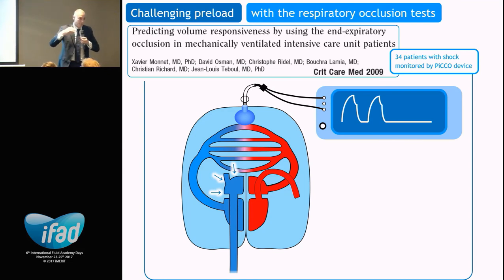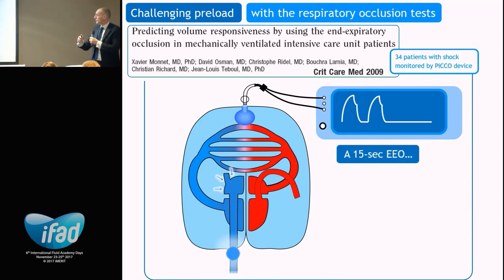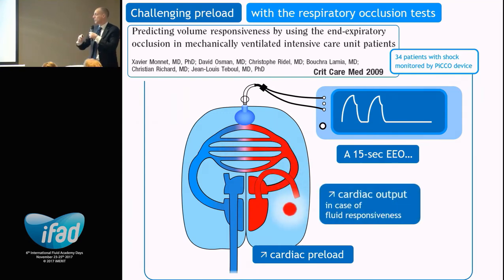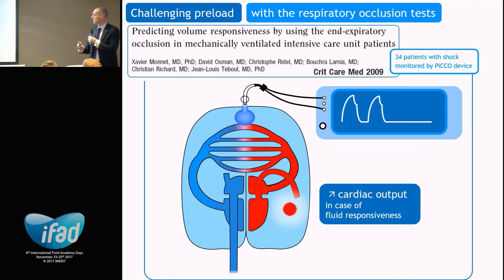It means that for a few seconds, cardiac preload will increase. The right preload will increase, so the left preload will increase, and if stroke volume increases in response to end expiratory occlusion, EEO, it means the patient is fluid responsive.